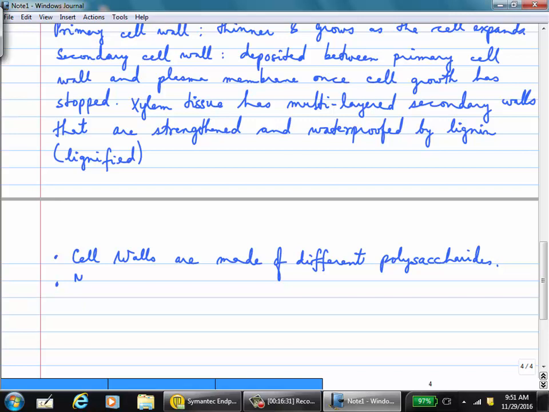And the composition will obviously differ between the primary and the secondary cell walls because one of them has to allow expansion, right? The other one doesn't. The other one has to reinforce rigidity, right? So the composition differs between primary and secondary cell walls.